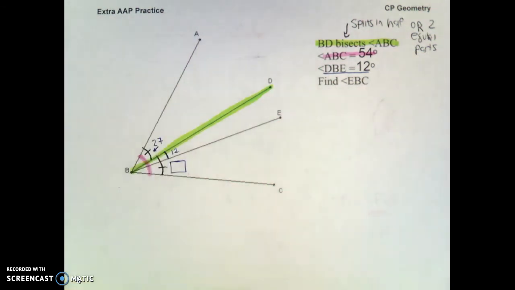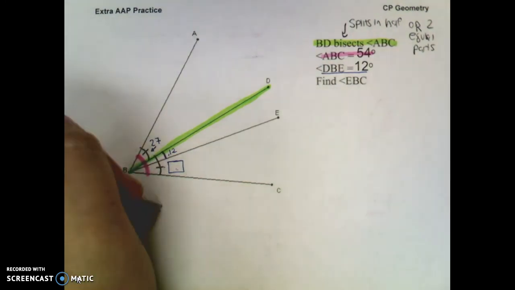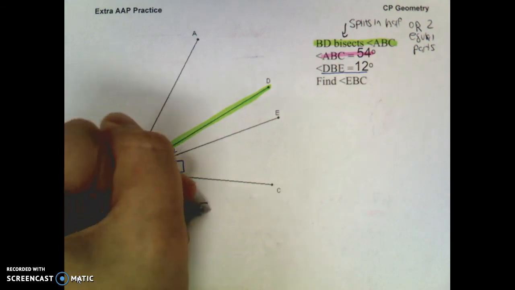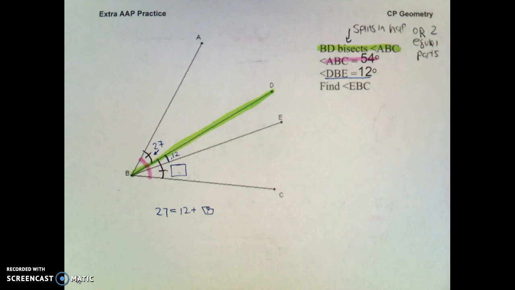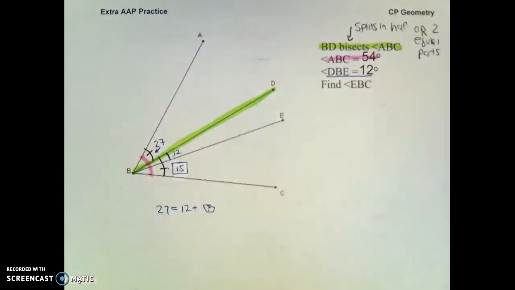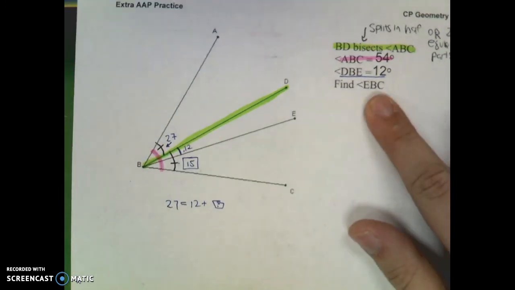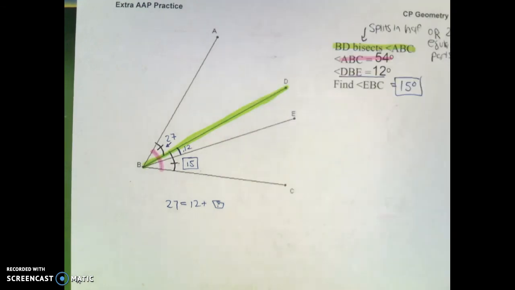Which means this angle is not 27. If these two angles have to add to 27, to figure out this guy, remember that 27 would then equal 12 plus that missing part that we don't know. So we would just have to do 27 minus 12. So that makes this angle right here 15 degrees. And I believe that's actually what we were looking for. EBC here has to be 15 degrees in our problem.